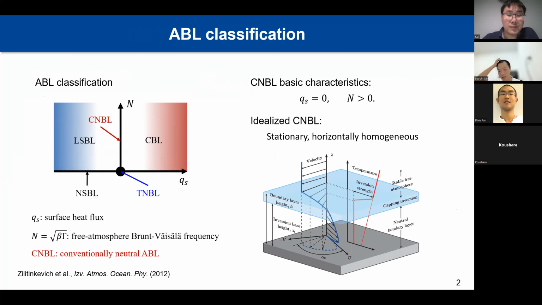And the vertical structure is very important because the land surface or sea surface needs to exchange mass, energy, moisture, or water vapor with the free atmosphere. So it is very important for the balance of energy, mass, water, etc.